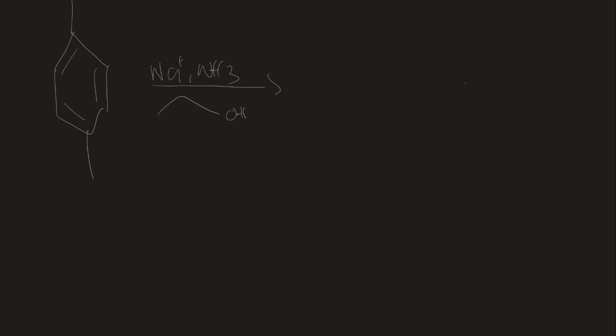And in our starting product, we have two electron donating groups. So since we have two electron donating groups, we know that the carbon bonded to the electron donating group will not be reduced. So our molecule is going to look like this for the final product.